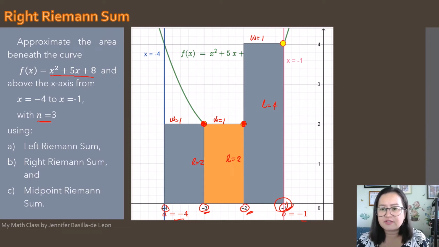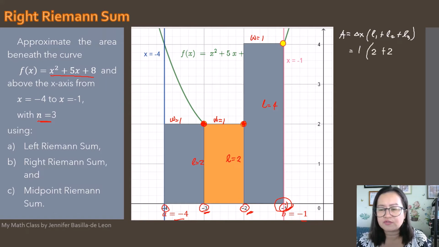Now to get the total area, we have delta x times L sub 1 plus L sub 2 plus L sub 3. Delta x is 1. The length of the first rectangle is 2.